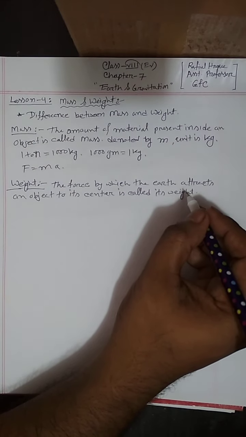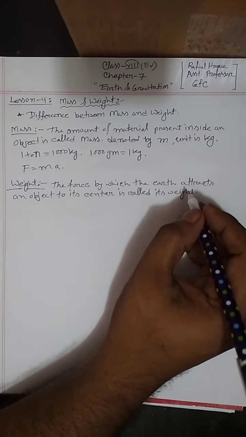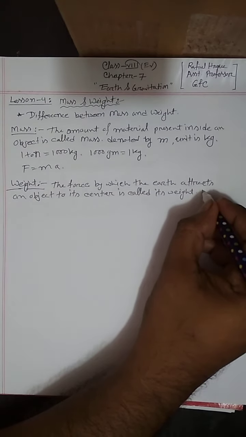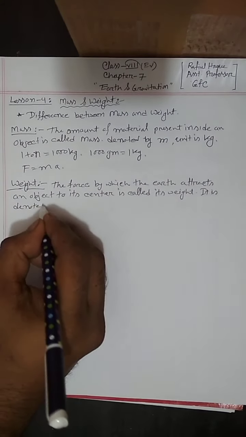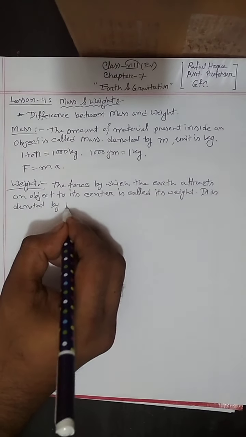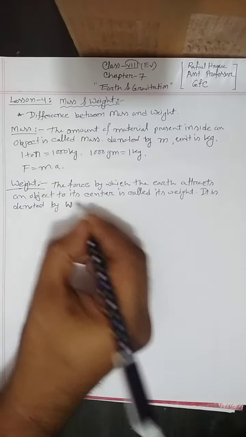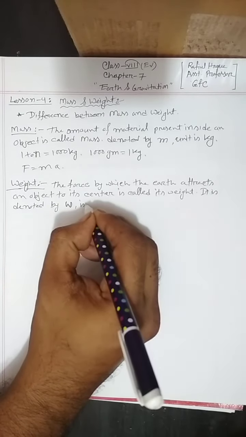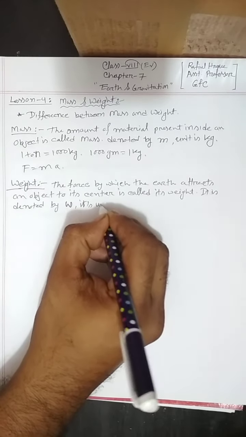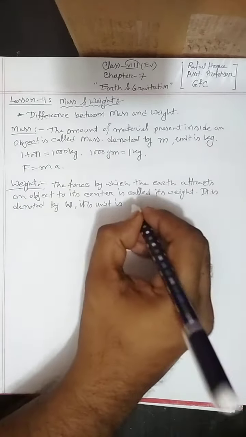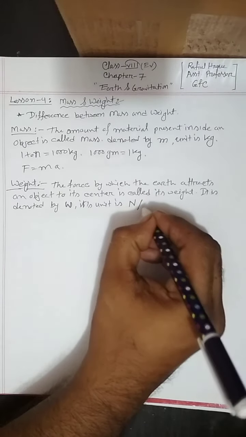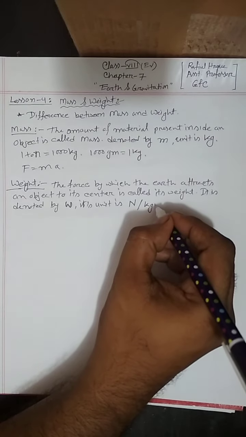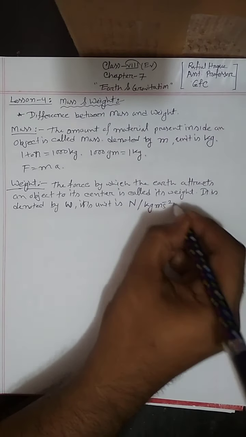If the mass of an object is m, weight is denoted by w. Its unit is Newton or kg meter per second square.